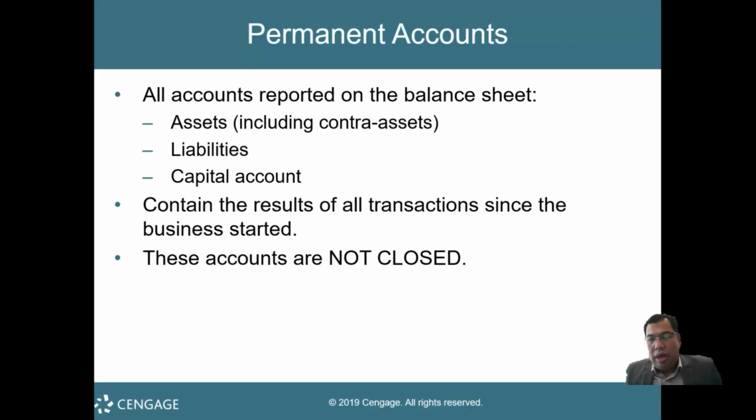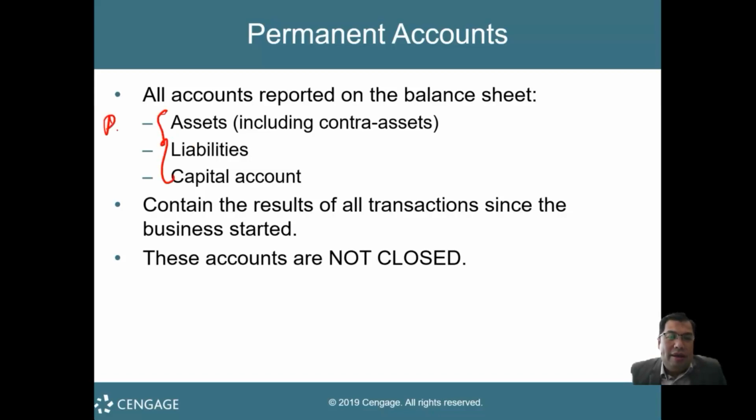So we also have permanent accounts. What is permanent? A permanent account is an account that won't be closed during the period. It will still have a balance. So what are the accounts? Asset, liability, capital. These are all balance sheet items.